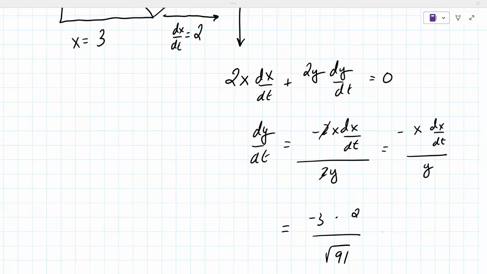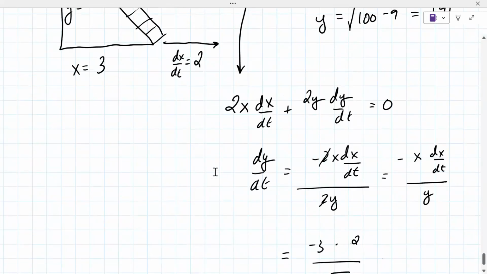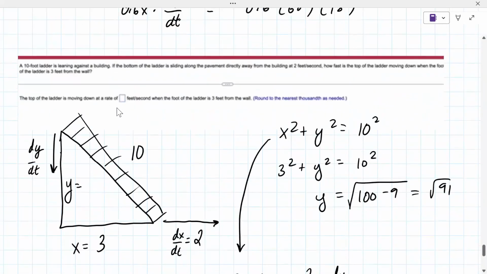And this is an easy mistake to make on the exam. It's negative because it's moving down. 0.629. So in the question, it says how fast is it moving down? So that already accounts for the negative, so you would put a positive number in the answer. Okay. That's just a small thing.